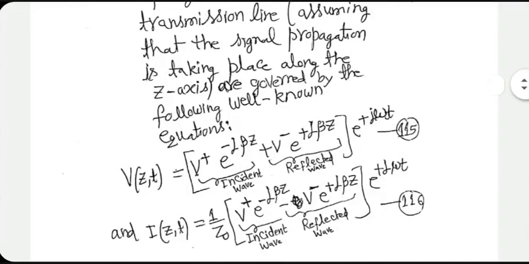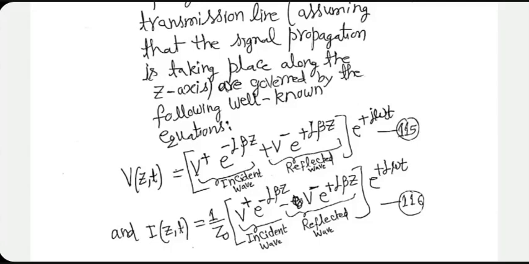These are the formulas we know by now, I'm sure, very well, that the z and t dependence of voltage and current is described by these two equations. I'm assuming periodic signals, so e to the power plus j omega t type of time dependence has been shown.